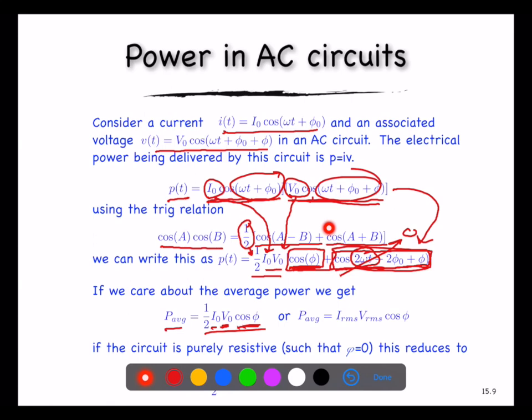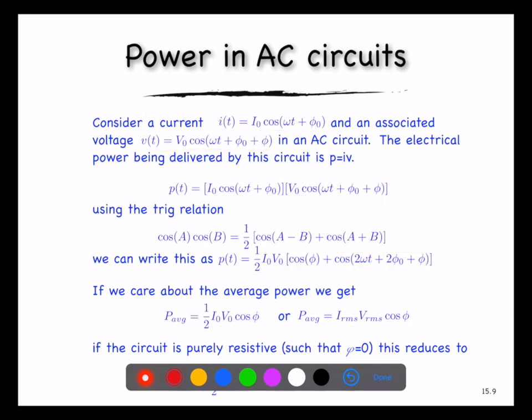Well, we can also use the fact that the RMS current is 1 over square root of 2 I naught, and the RMS voltage is 1 over square root of 2 V naught, to say that 1/2 I naught V naught can also be written as I RMS V RMS. So by keeping track of the RMS values of current and voltage, we can use them in the same way that we would use DC values to calculate power.